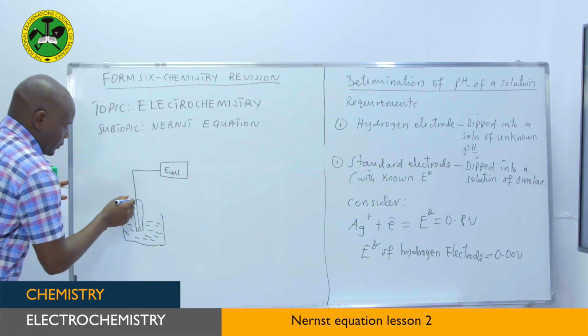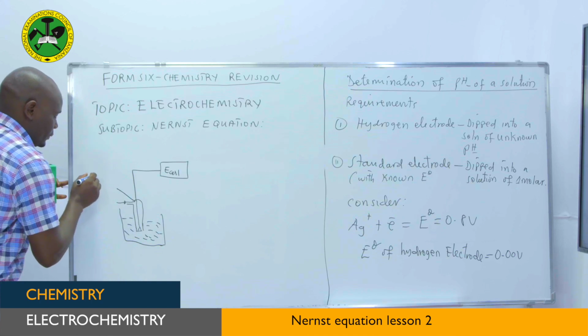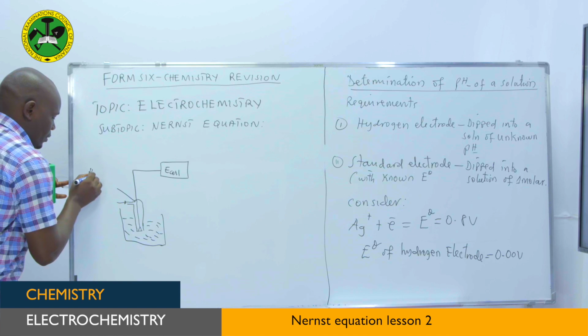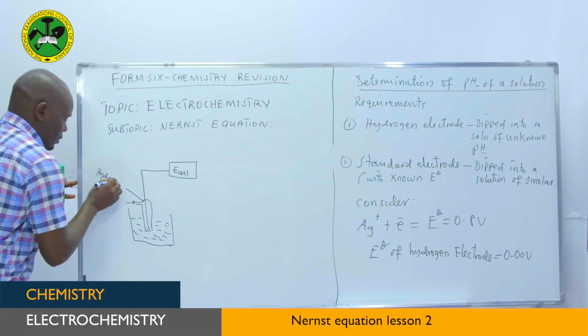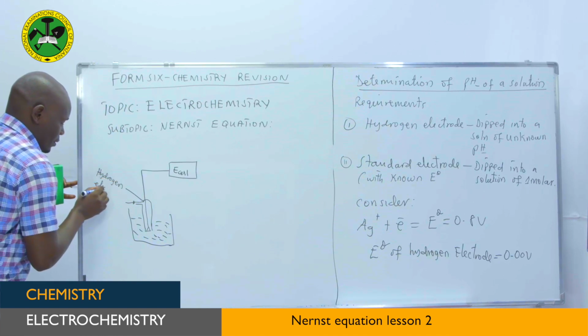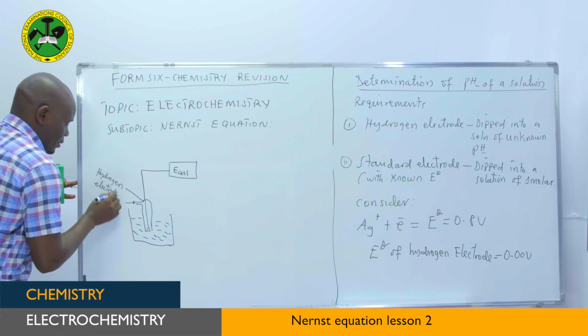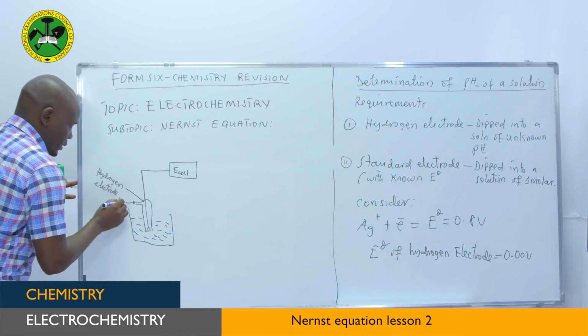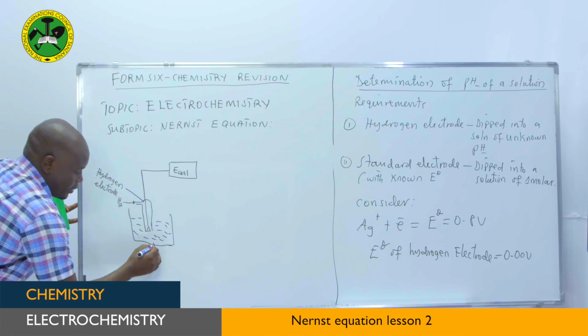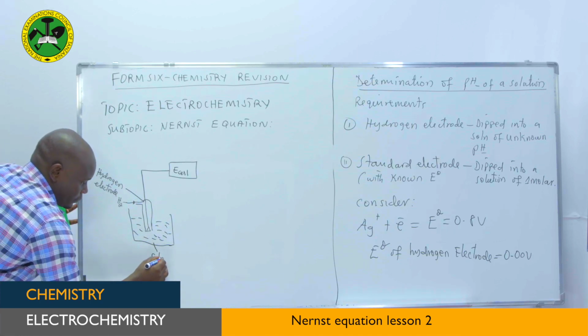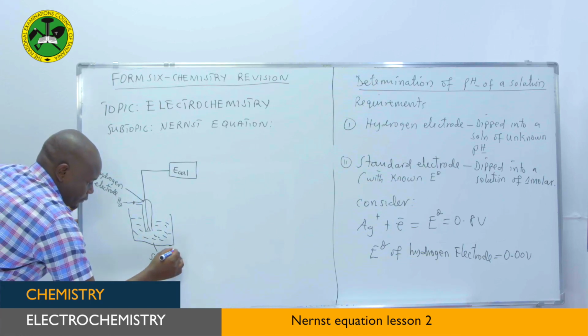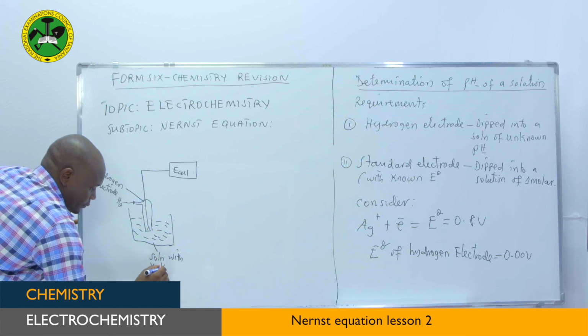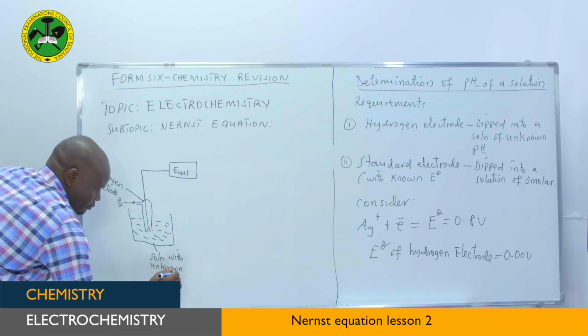So this is the hydrogen electrode, and the hydrogen gas is being introduced here, and this is our solution with the unknown pH.